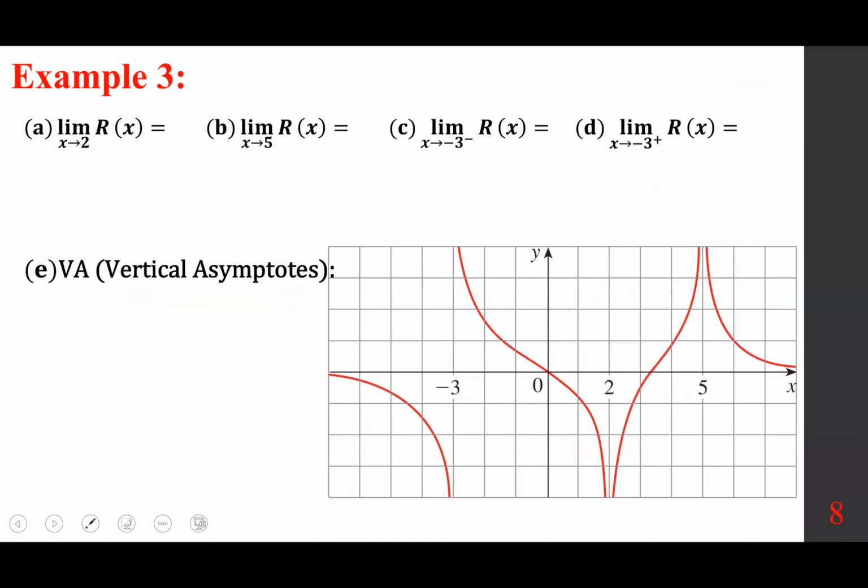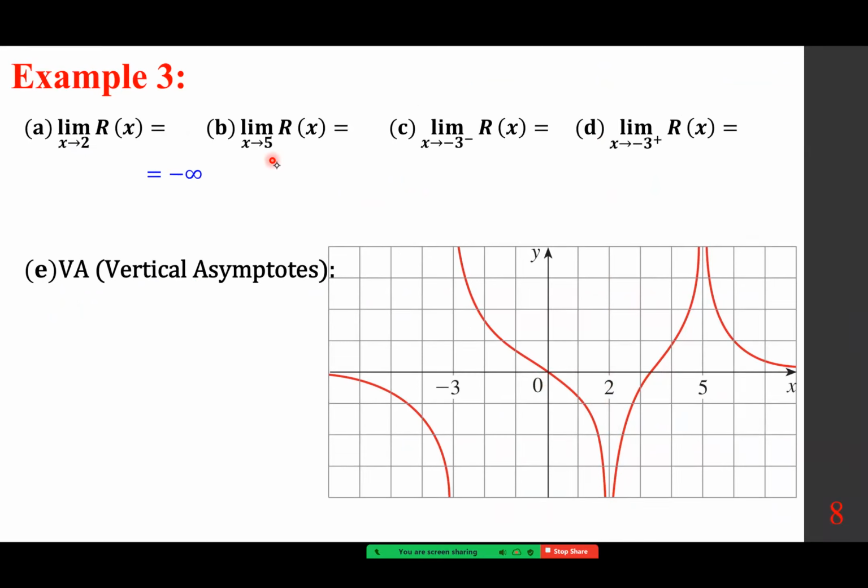All right. We want to find the limit of this function, r of x, as x approaches 2. So you look at number 2 from the left, from the right. I hope you see it's going down. From both sides of 2, it's going down to negative infinity. Again, take a look at the graph.